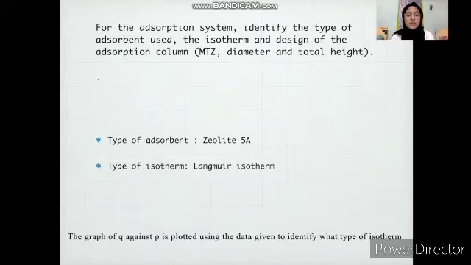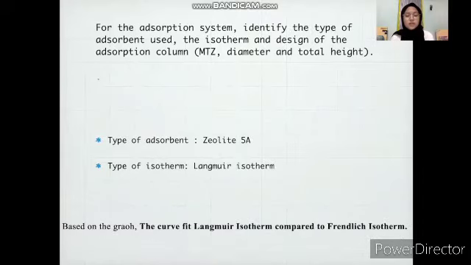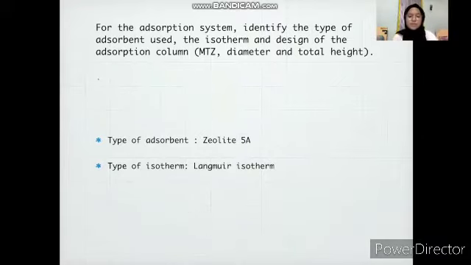The graph of Q against P is plotted in order to identify what type of isotherm, and based on the graph, the curve fits Langmuir isotherm compared to Freundlich isotherm.